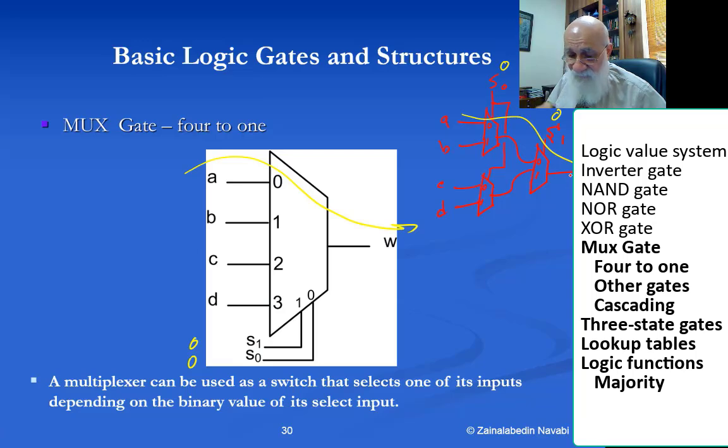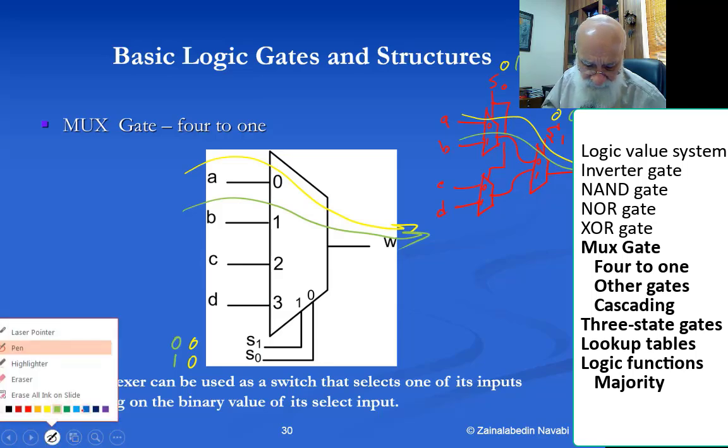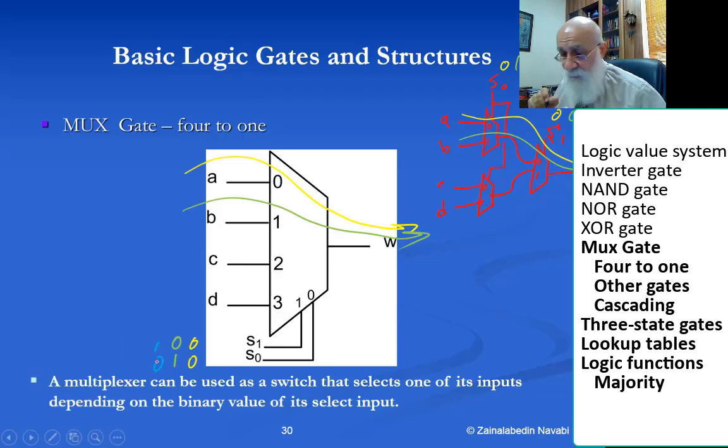And for S1, S0, 0, 1: still, the upper part is going to go through, but then because S0 is 1, B is going to go through. For S1, S0, 1, 0, the lower part is going to go through.